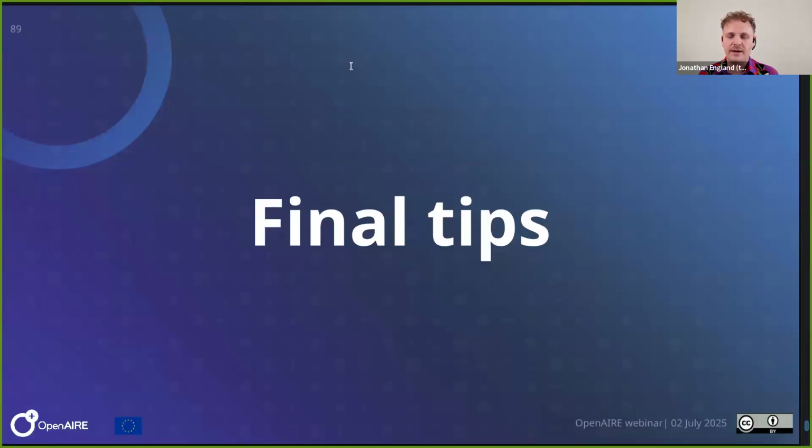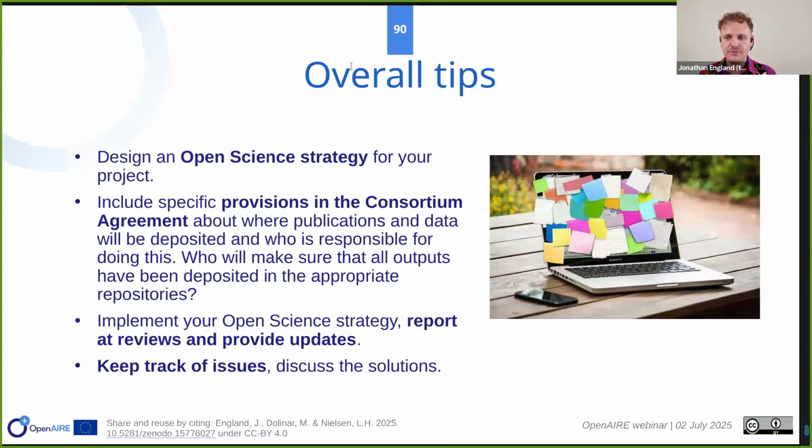So just to finish, before we go to questions, the overall tip I would give, and this may be a bit innocent to a certain extent, is to try as soon as possible to design an open science strategy for your project.